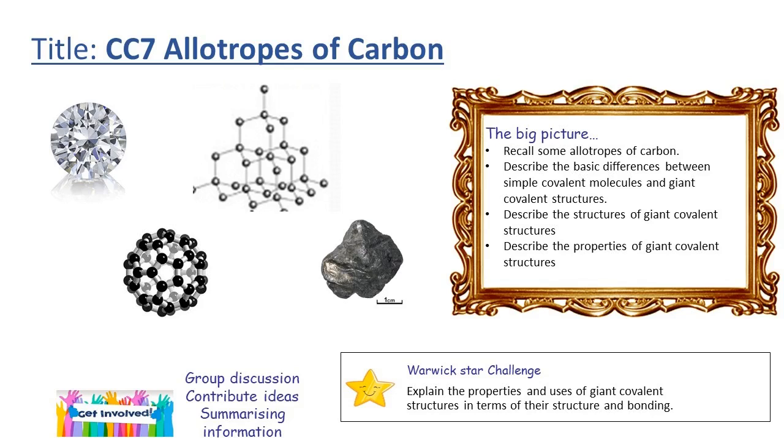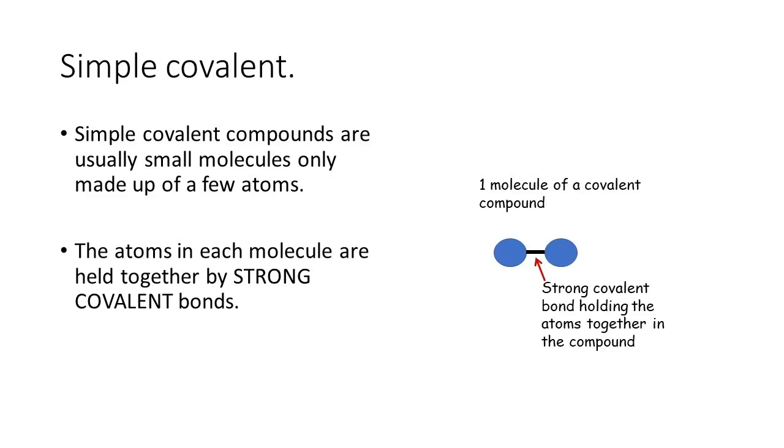If we think back to our previous lesson on covalent bonding and covalent compounds, you should remember that covalent bonding only happens between two or more non-metals. And this almost always results in a small molecule made up of only a few atoms. This is what we call simple covalent.